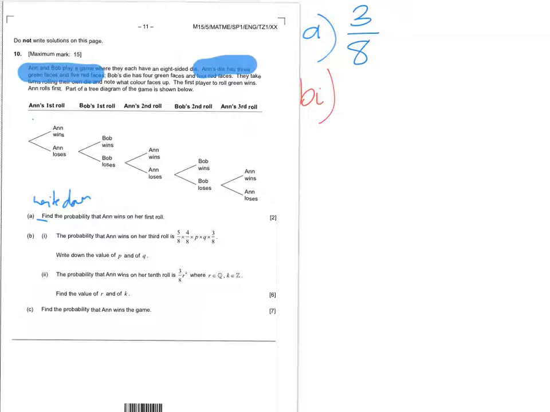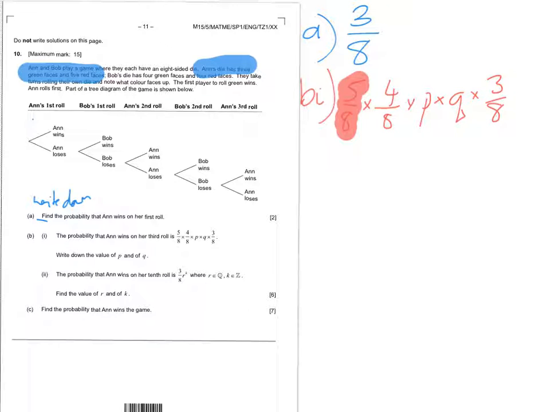Part B, part 1. The probability that Anne wins on her third roll is 5/8 times 4/8 times P times Q. Let's break that down. 5/8, 4/8, P, Q, 3/8. Okay, the 5/8, where does that come from?